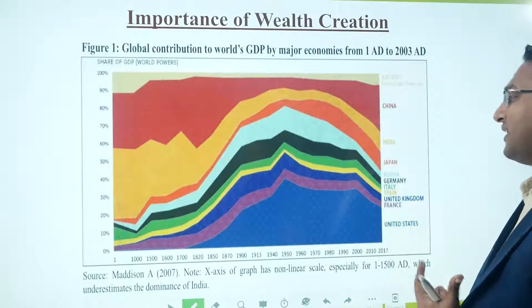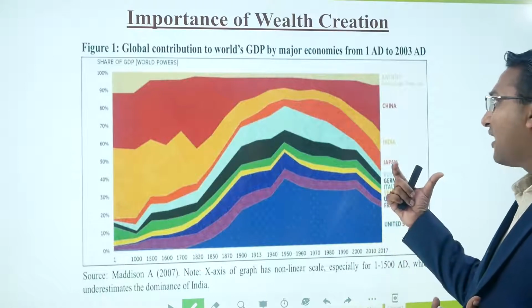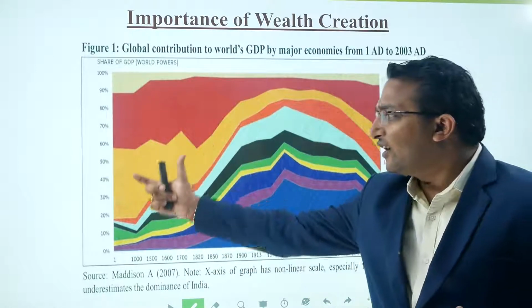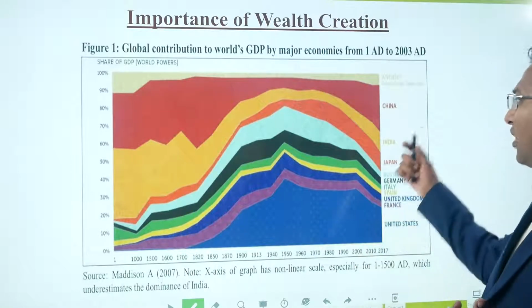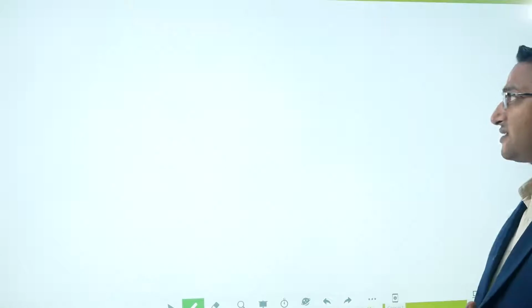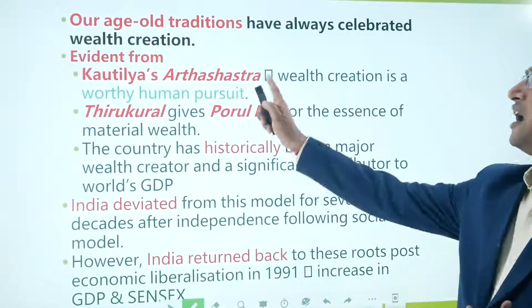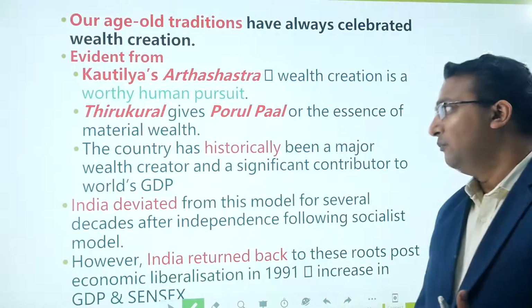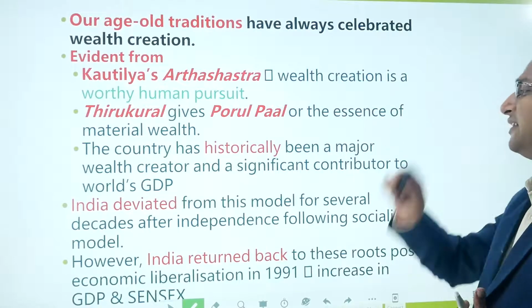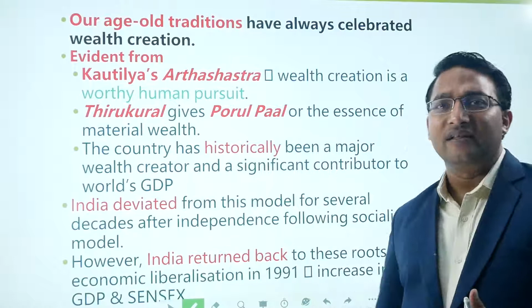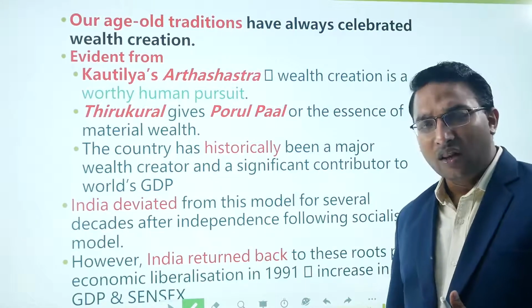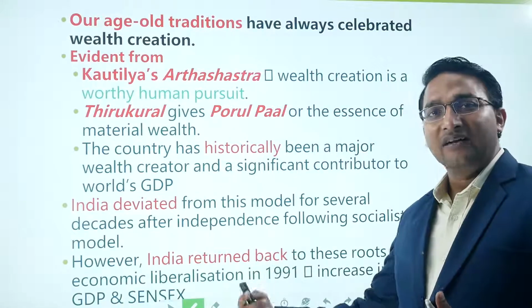First, this chart represents that India contributed significant GDP in the past, and now the contribution is very less. Arthashastra as well as Thirukural both focus upon wealth creation, but India deviated after independence because of the socialist model. India returned back in 1991, and after that there has been a wonderful growth.